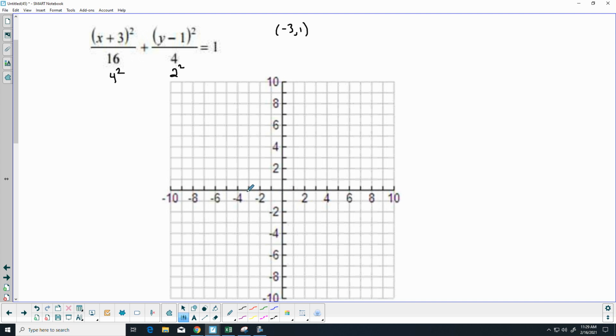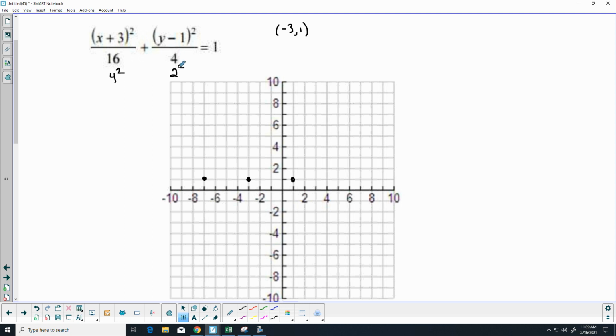So negative 3, 1. Here's my center. All right. That's 4. So from the center, along my x-axis, I'm going to go right 4, 1, 2, 3, 4. And left 4, 1, 2, 3, 4. Those are my vertices.